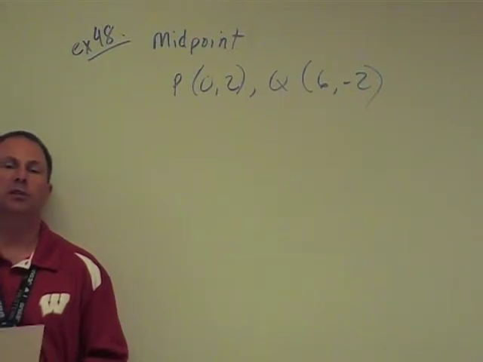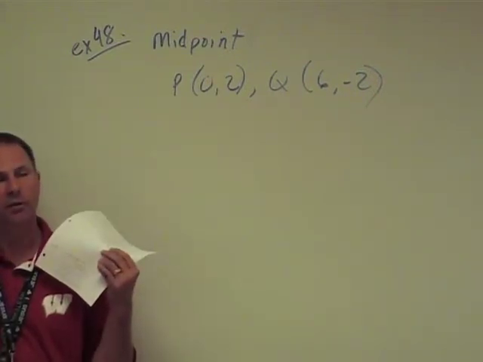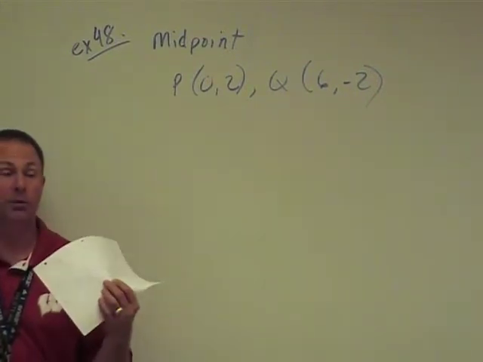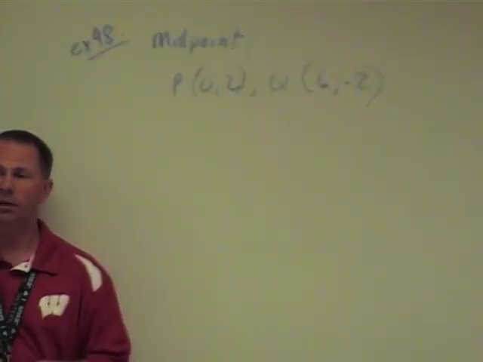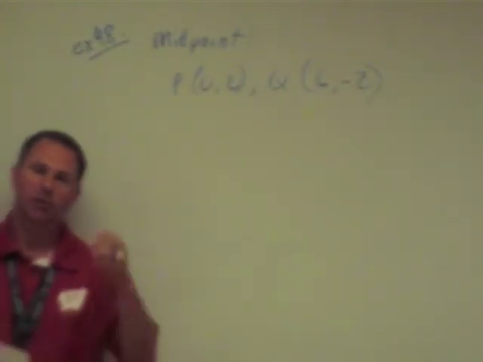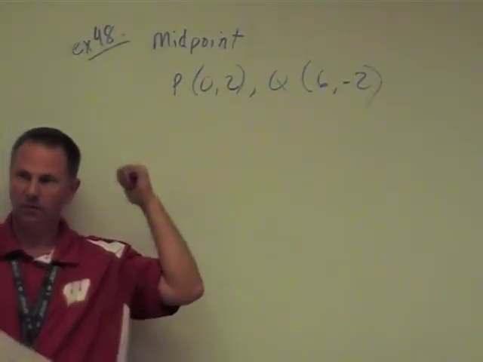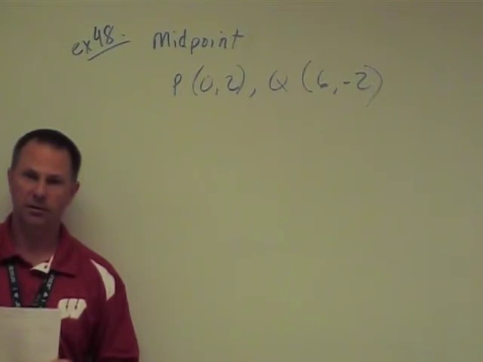I want the equation of the line that goes through the midpoint, perpendicular to the line that contains those 2 points.